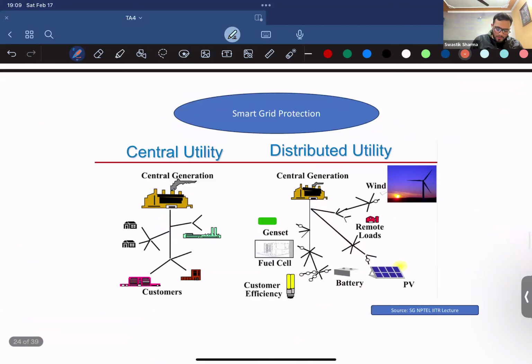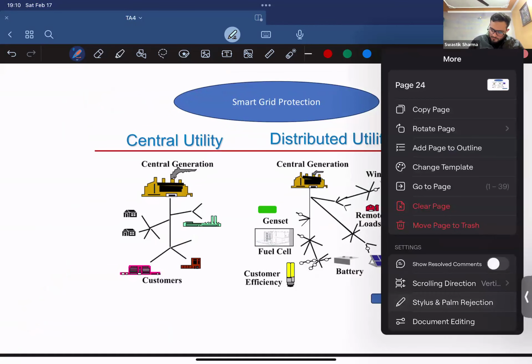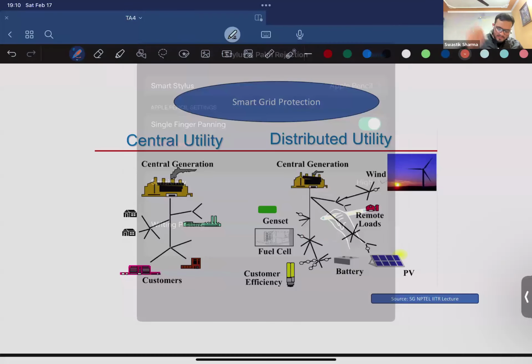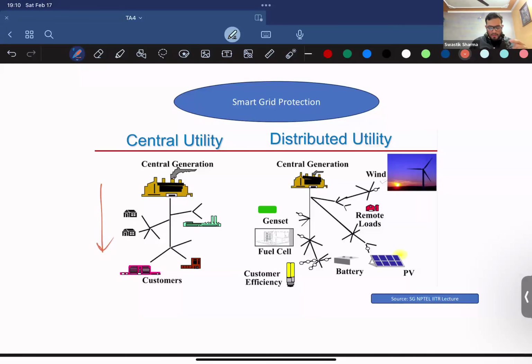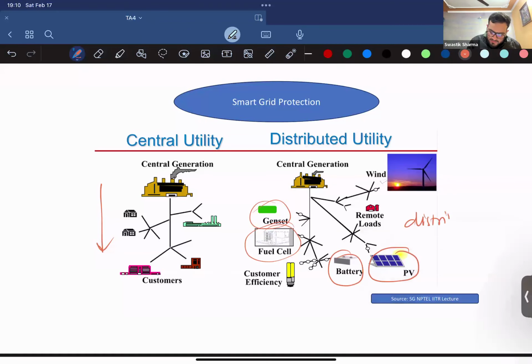So I already told you, when there was central generation, the power flew only from the generation to the distribution side. Now, with the onset of PV, batteries, fuel cells, gensets, etc., the distribution system has become more active.